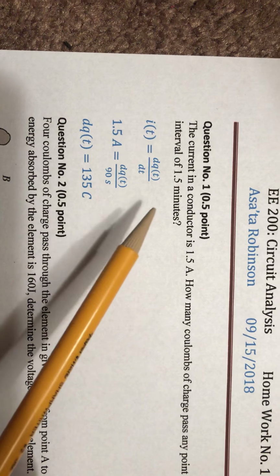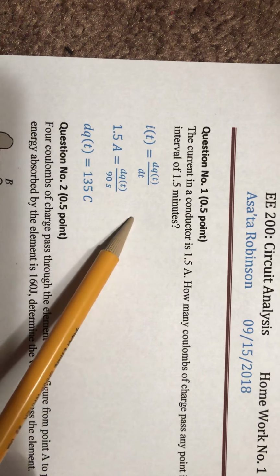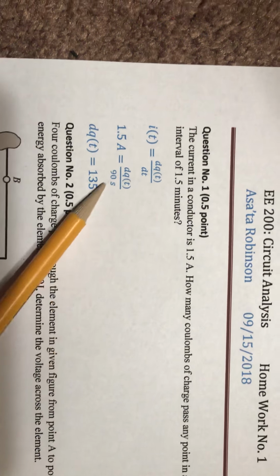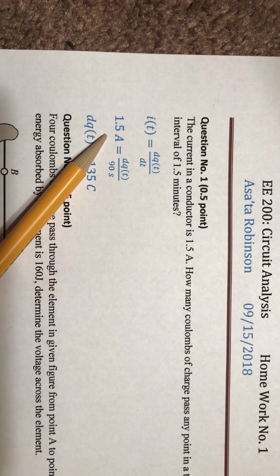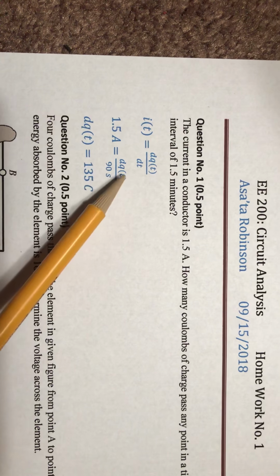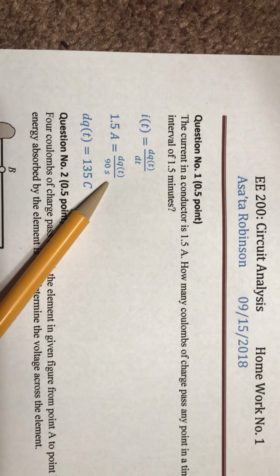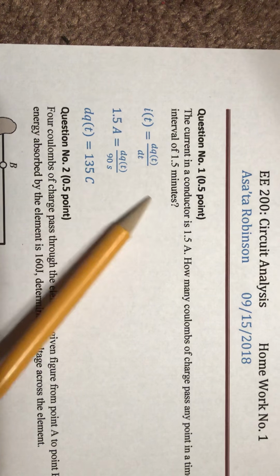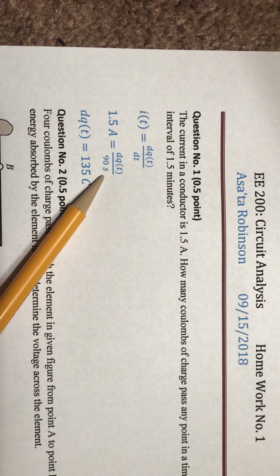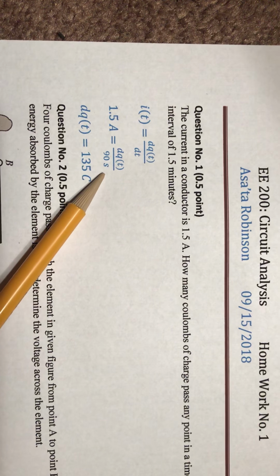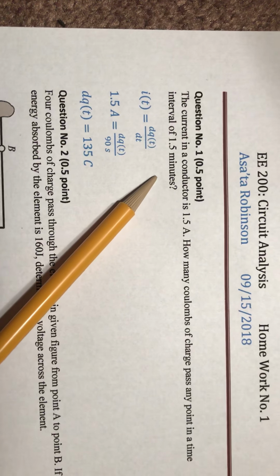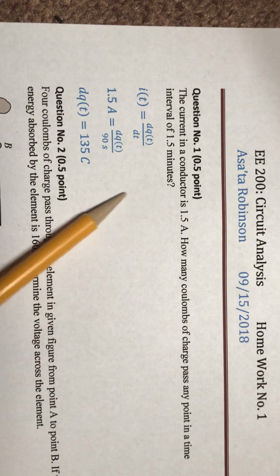Now to find the charge in coulombs, we use this equation, I equals Q over T. So we're given the current, which is 1.5 amps, equals the unknown, which is the charge, over the time, which is 90 seconds, which is also equal to 1.5 minutes.